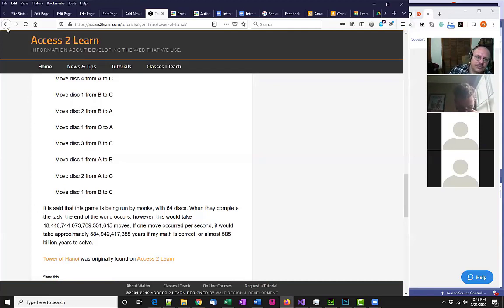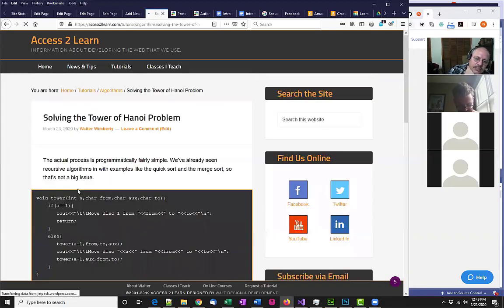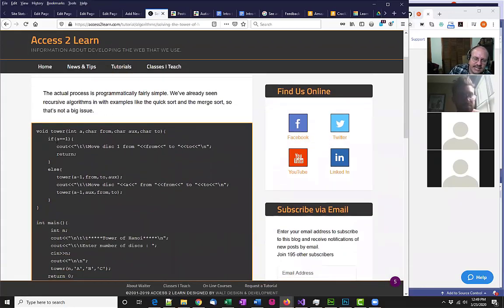The good news is this is actually used a lot of times to teach recursion because of the same type of problem being done over and over and over again. So if we look at the solution for it, this is the solution in C++. It says if A is equal to 1, okay? On the last disk, it's really easy to do.